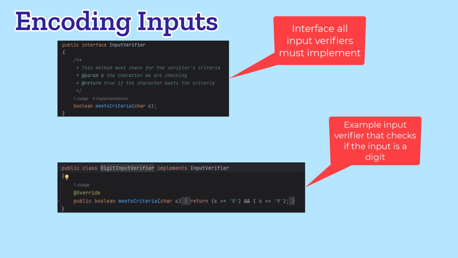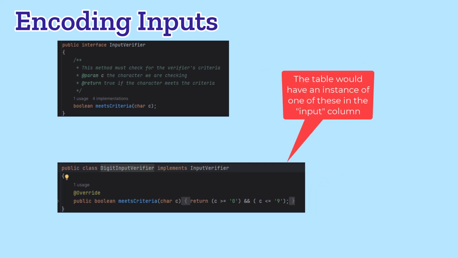This is exactly like encoding the action: a strategy pattern of behaviors implementing the behaviors that check if an input meets a criteria and objects of those behaviors in the table, or a set of functions with function pointers in the table. For completeness, let's look at the code that uses these tables.